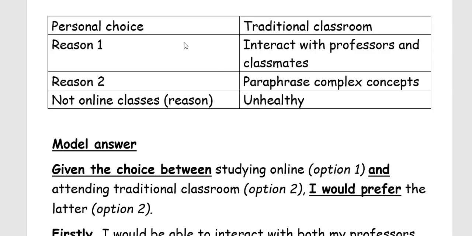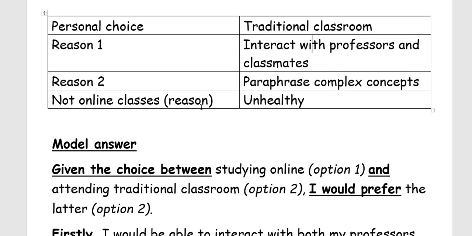Alright, now let's look at my personal choice. So my personal choice is traditional classroom. The reason for this is interacting with professors and classmates. And the second reason is that my professor can paraphrase complex concepts.